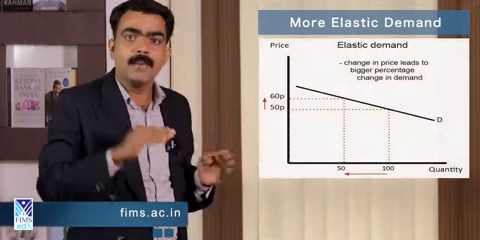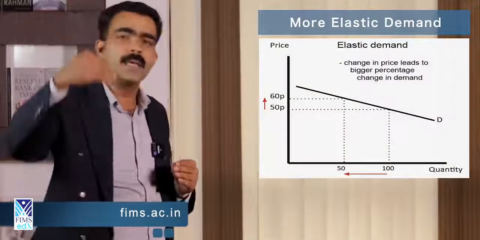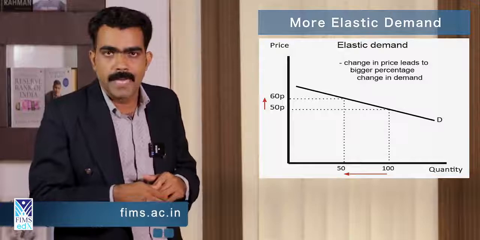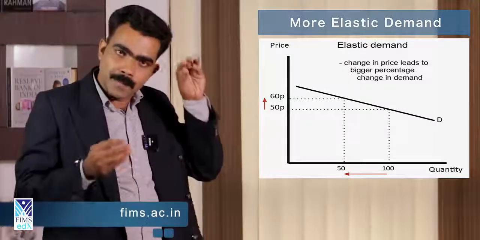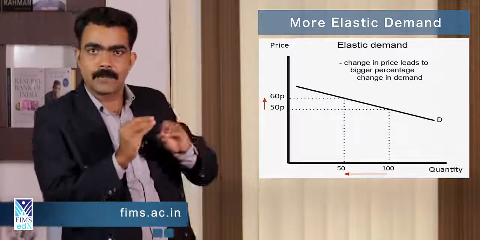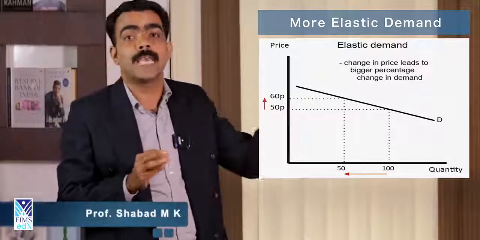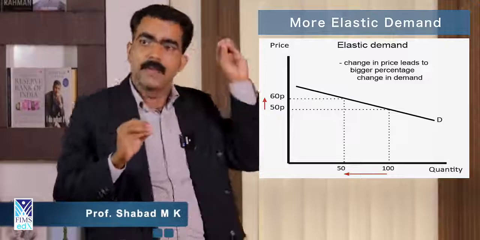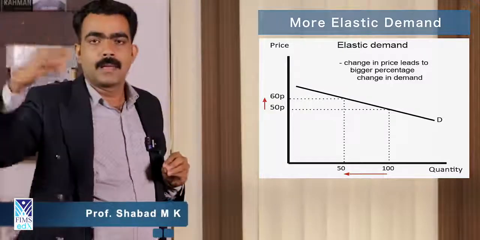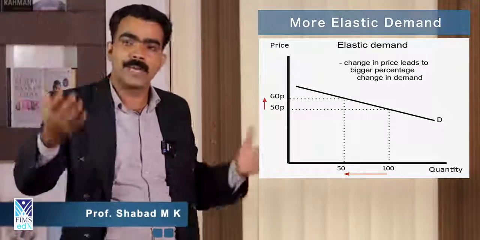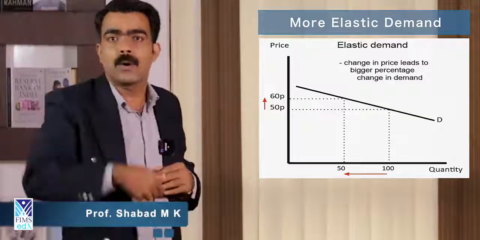The fourth category is relatively more elastic demand, or simply more elastic demand. According to more elasticity, a small change in your price level leads to a comparatively big change in your sales volume. For example, a showroom like Big Bazaar, giving a one-time offer or hourly offer.